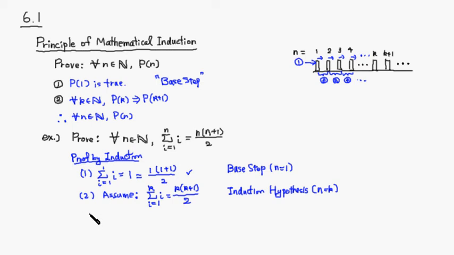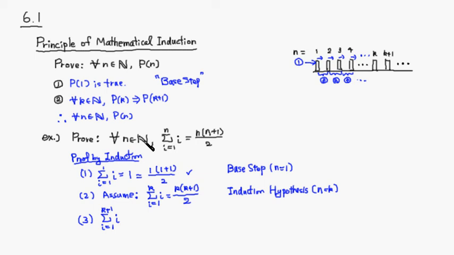Then the next step is showing that with this assumption for n equals k, the formula for k plus 1 is also valid. So the third step: let's look at the summation of i from 1 to k plus 1 of i.